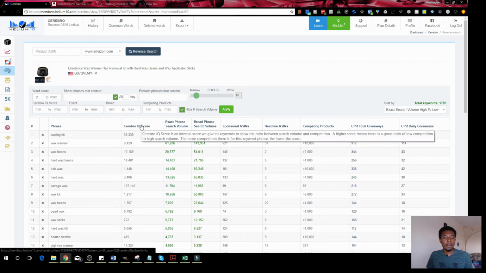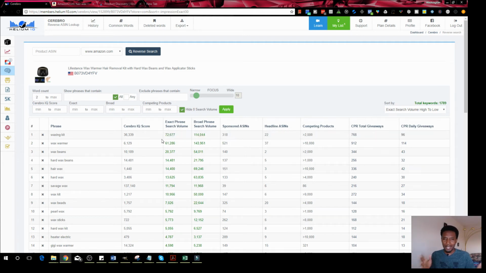So in many instances it can be arbitrary, but as long as that arbitrariness is uniform against the entire set of products and keywords that they found, then it makes sense to follow these numbers. So hope that made sense to you, right? Because every software provider or every service out there can say, hey, we have this IQ score, or this seller score or product score or keyword score.